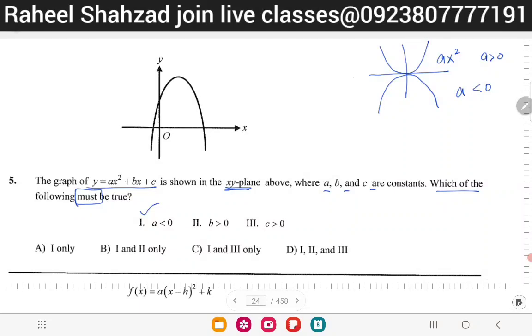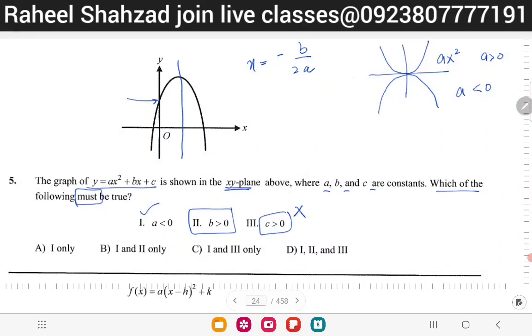Second part, they say c is the y-intercept of the curve, of any curve, so c is positive, so this is not true. The only thing left that is questionable is b. So the line of symmetry is x is equal to minus b divided by 2a. Now listen, your line of symmetry is for sure positive.